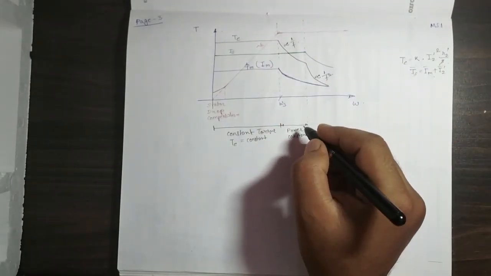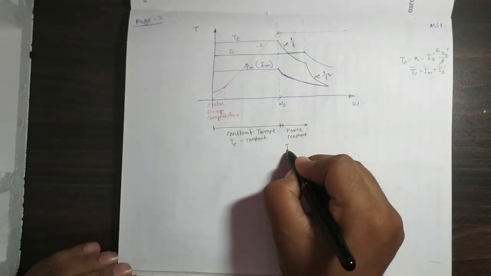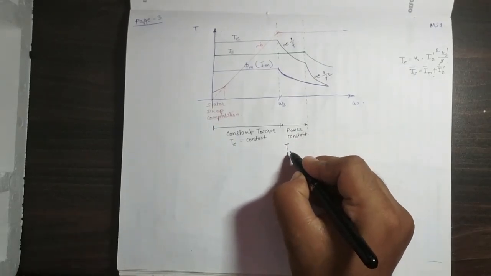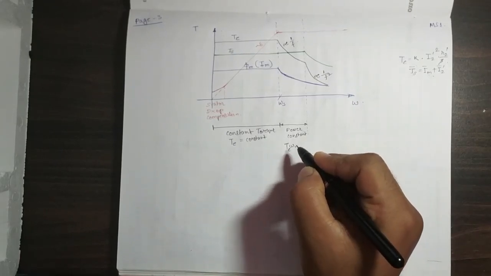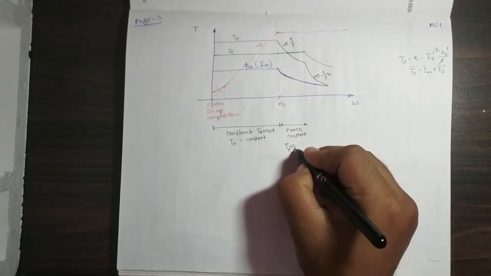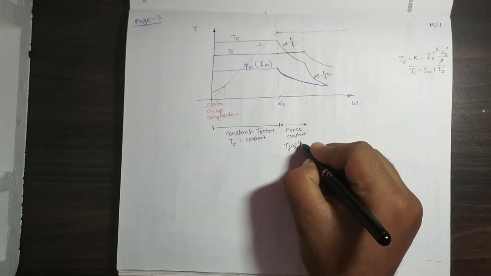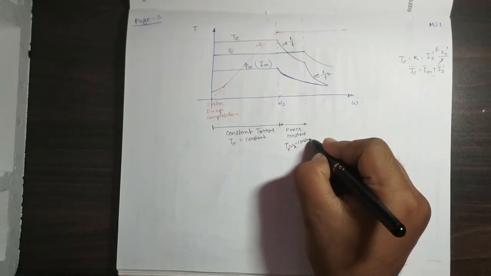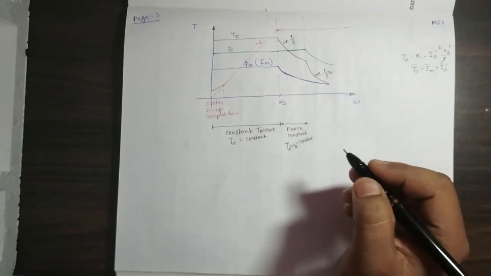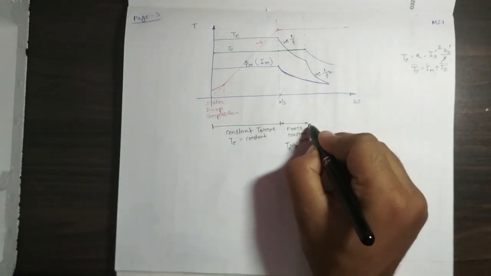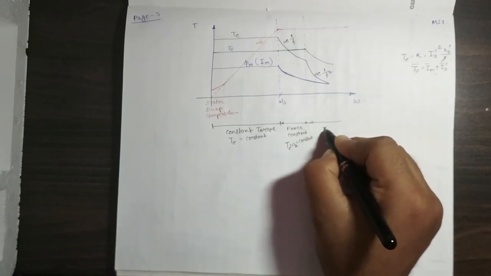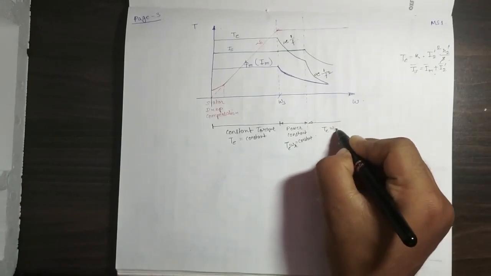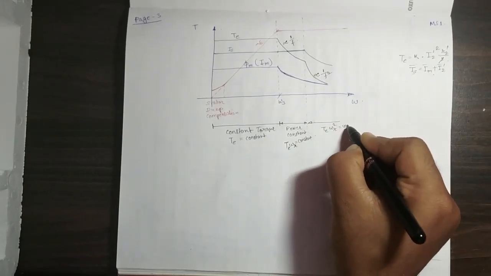Power is constant, that is, Te times omega R is constant. And in the third zone, from here onwards, you can find that Te times omega R whole square is equal to constant.